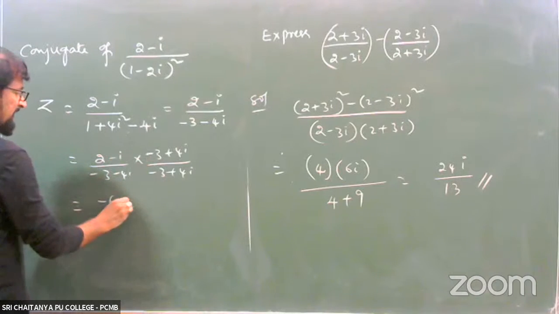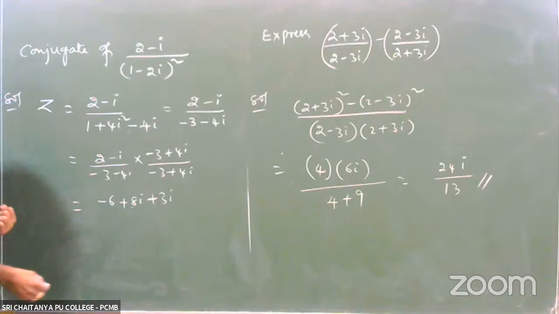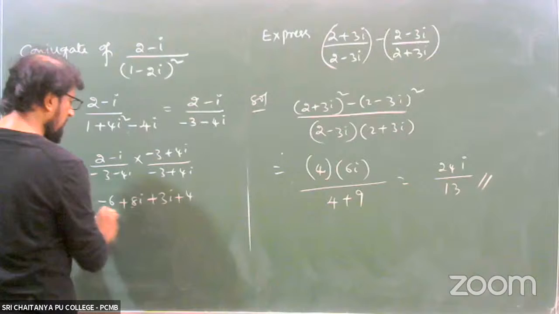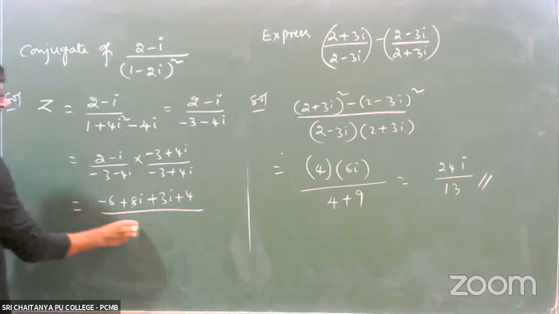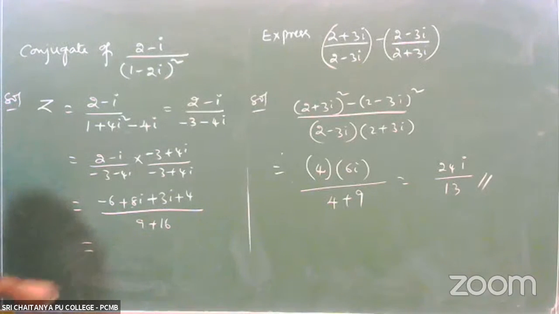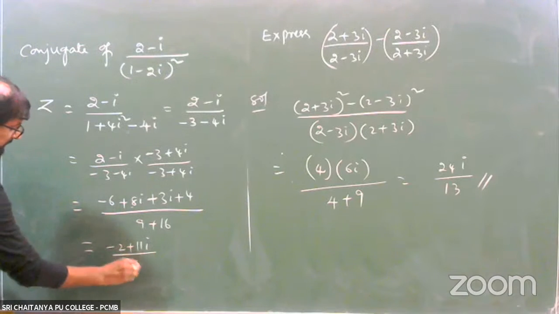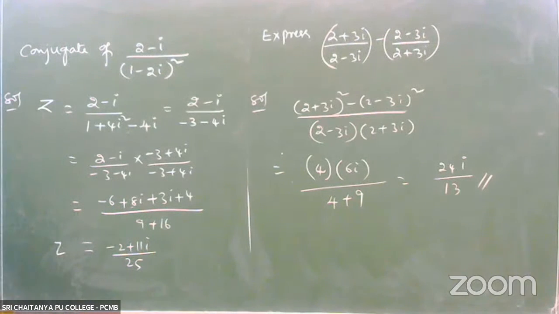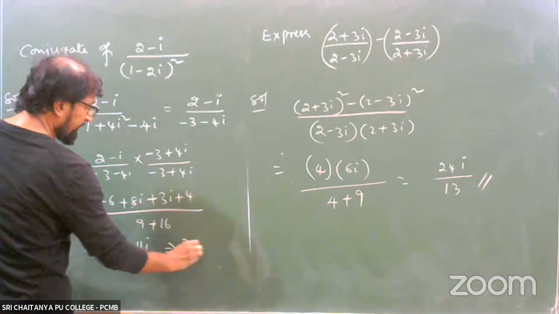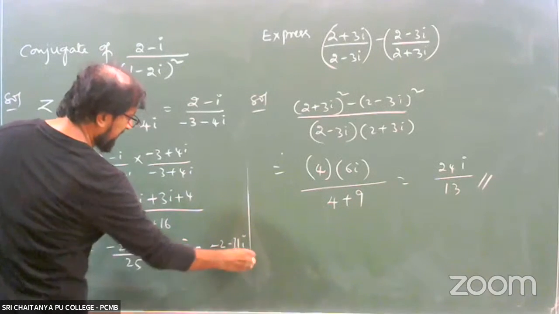And plus 8i plus 3i minus 4i square, which you are going to get as 4 by a plus b into a minus b is equal to this. So you are going to get (minus 2 plus 11i) by 25. This is z. He asked you to find out z bar. Z bar implies (minus 2 minus 11i) by 25. Copy this one.